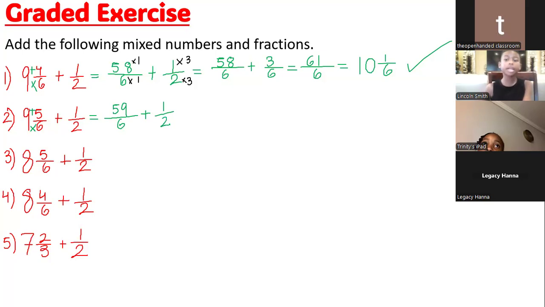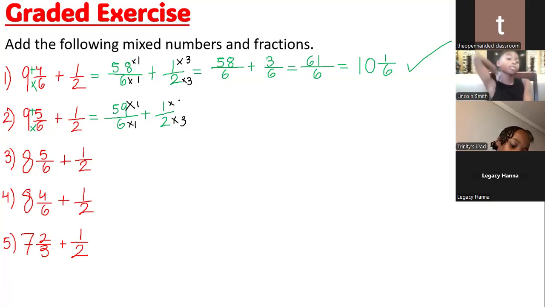Then what we're going to do next is find the LCM of the two denominators, the 2 and the 6. The LCM for 2 and 6 is 6. So 2 goes into 6 3 times, and whatever goes to the bottom goes to the top.